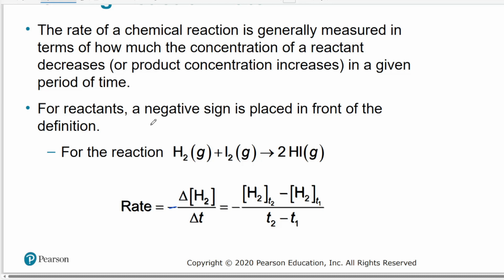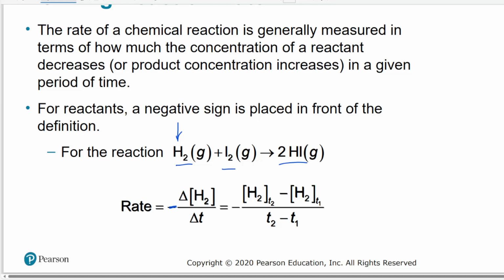So, for example, if we're considering the reaction H2 plus I2 forms 2HI, if we want to define the rate in terms of the reactant H2, we know that if this reaction is moving in the forward direction, we'll be losing H2 over time. So we put a negative sign in front of the concentration of H2, and we define that as change in concentration of H2 over change in time, or delta H2 over delta time.